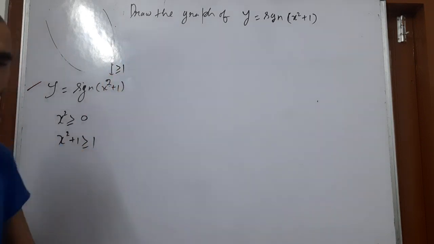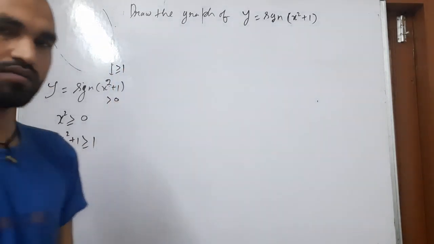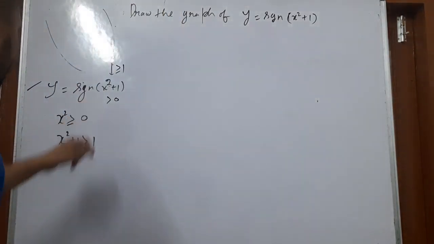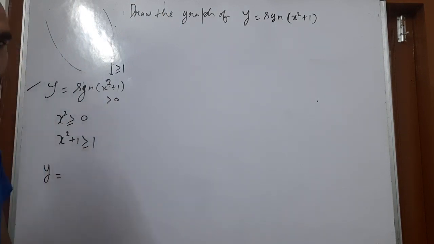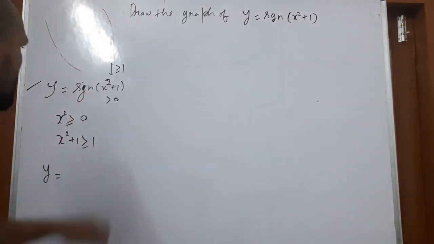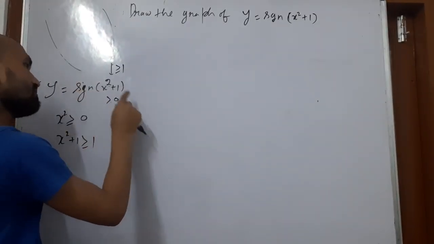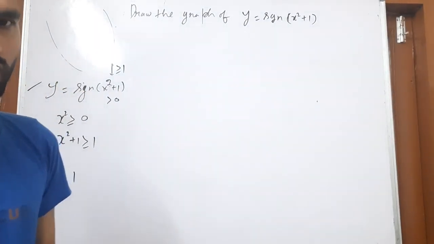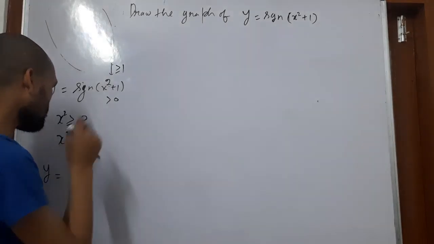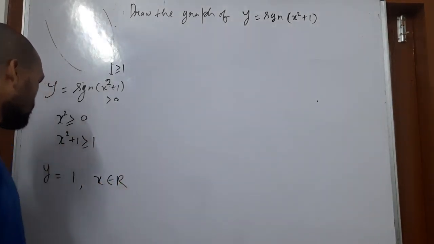Greater than 1 means it is always greater than 0. So what is the possible value of y? For greater than 0, signum will be 1, so the possible value of y is 1. This is valid for every x belonging to real numbers.